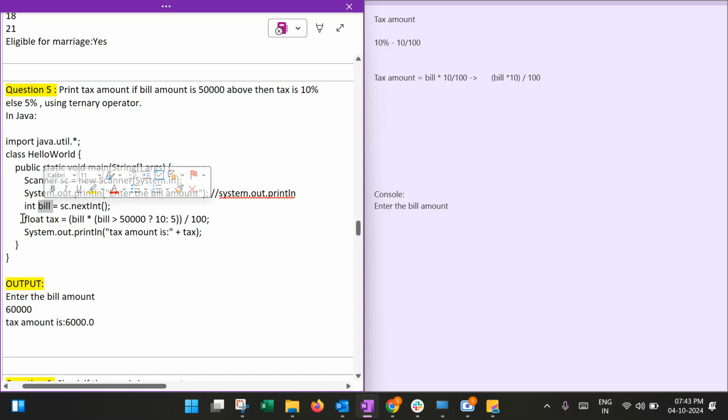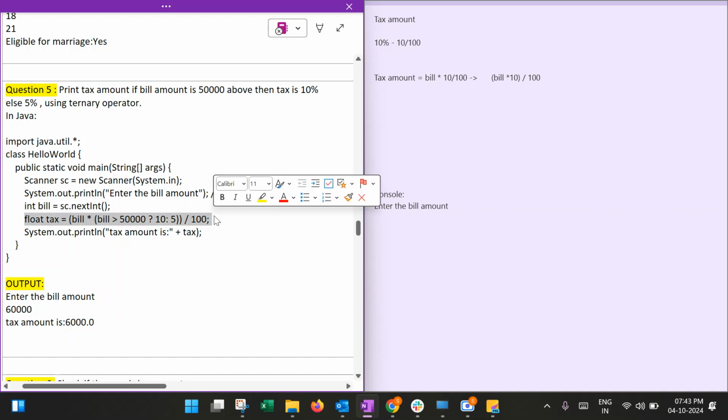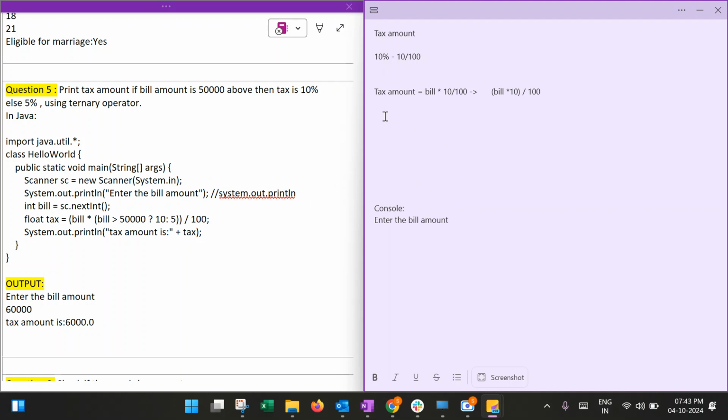Okay, now comes the main logical part. As division and all are somewhat separate, they are taken into the tax variable. So at first what is happening, see here: step 1, it checks whether bill is greater than 50,000 or not.